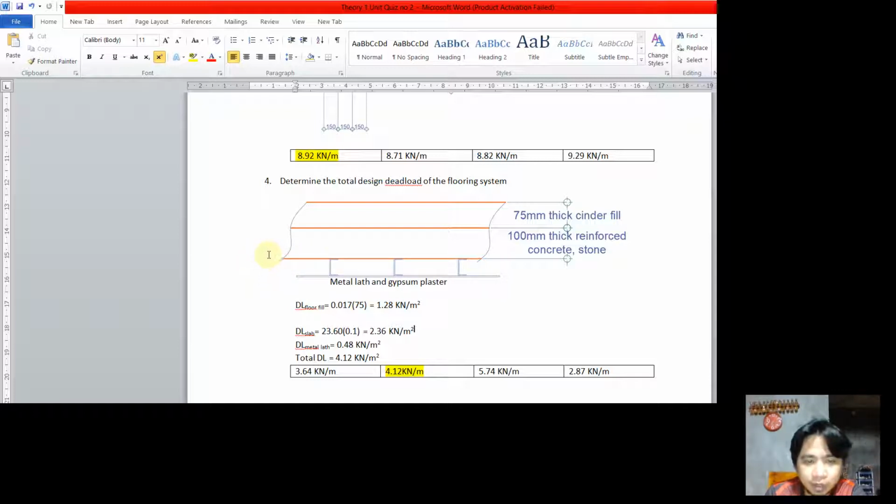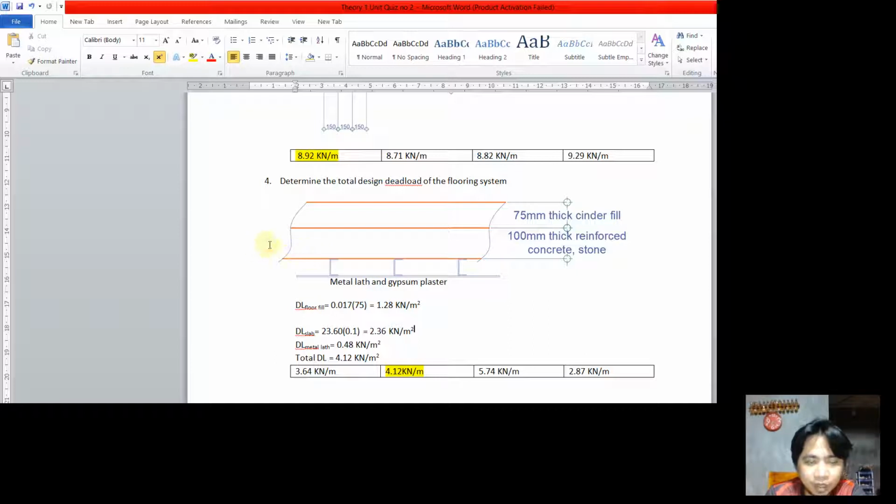This is the gamma times 0.1, that will be 2.36, yielding a unit of kilonewton per square meter. For the dead load of the metal lath, that is 0.48 kilonewton per square meter. So directly we're going to add those ones and come up with this 4.12 kilonewton per meter.